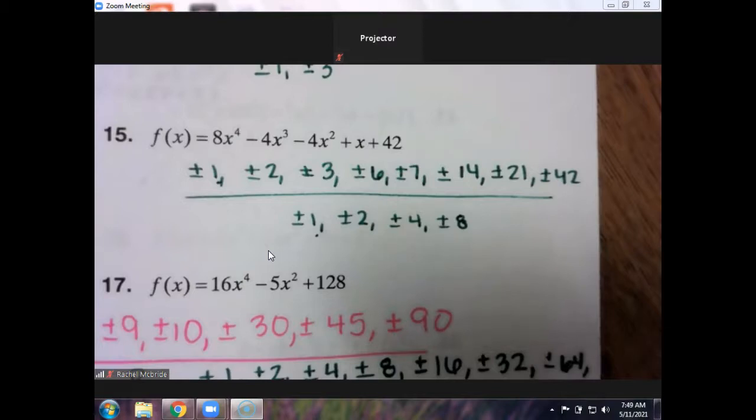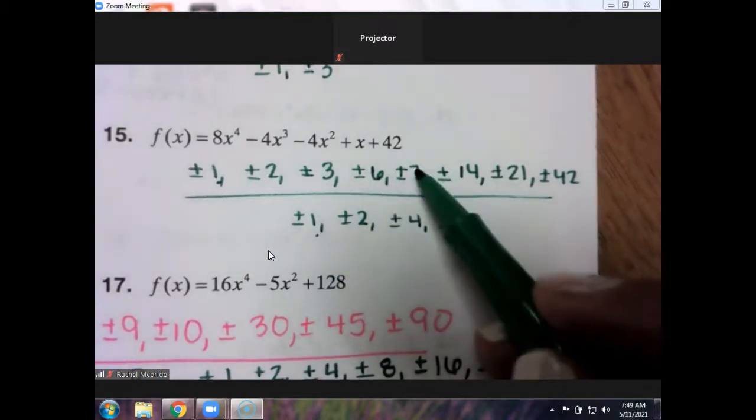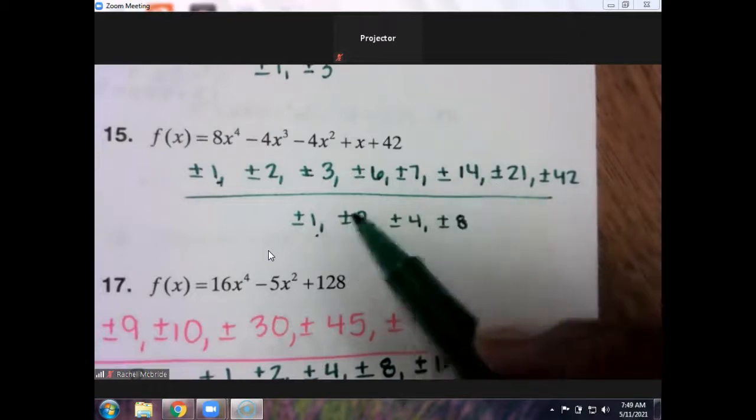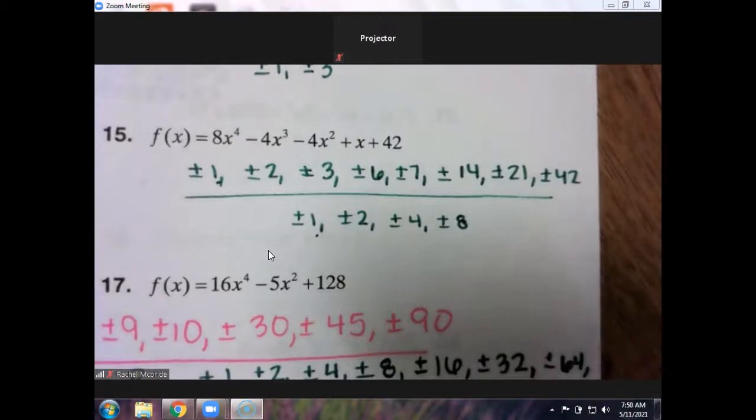So a lot of them end up repeating. 7, 7/2, 7/4, 7/8, 14, 7, 7/2, and then 14/8, and so on and so forth.